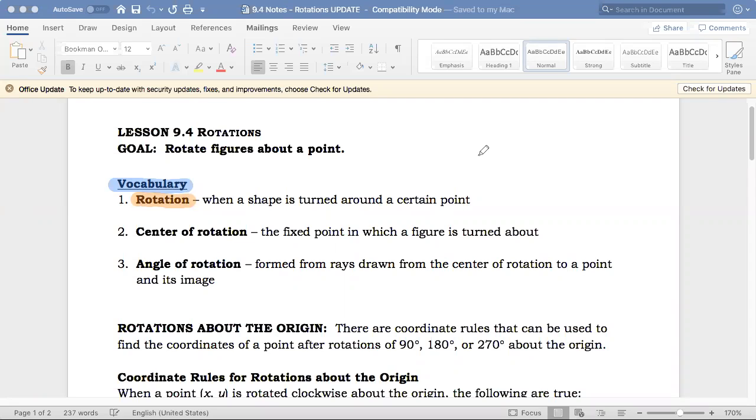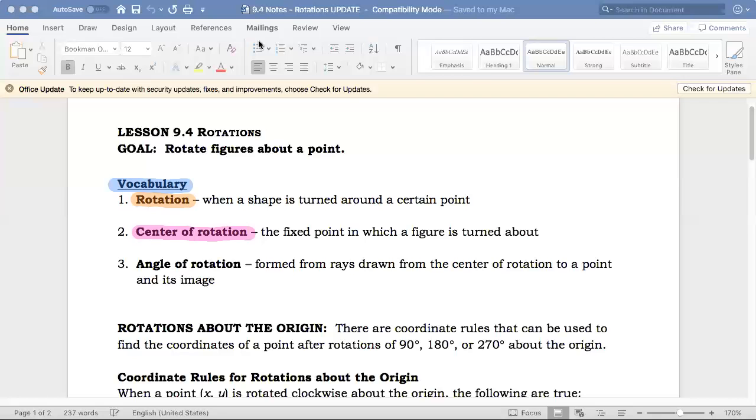You could think about that like if you're standing in your room and you move yourself around a chair. You are now rotating around that chair. The center of rotation is the fixed point in which the figure is turned about. And in that case, the center of rotation would be the chair. So you are rotating around the chair, which was the center.